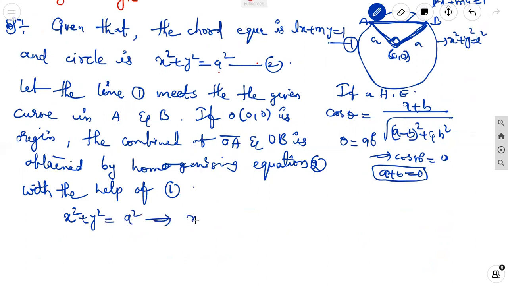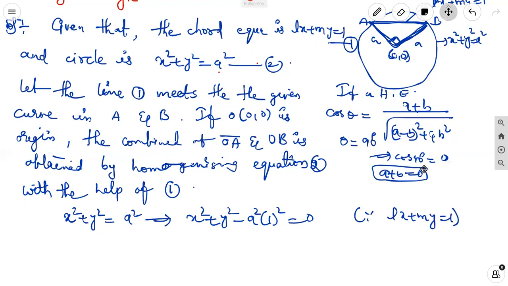It can be taken to the left side: x square plus y square minus a square. A square is a constant that should be multiplied with the 1 square, since from equation 1, Lx plus My is equal to 1.